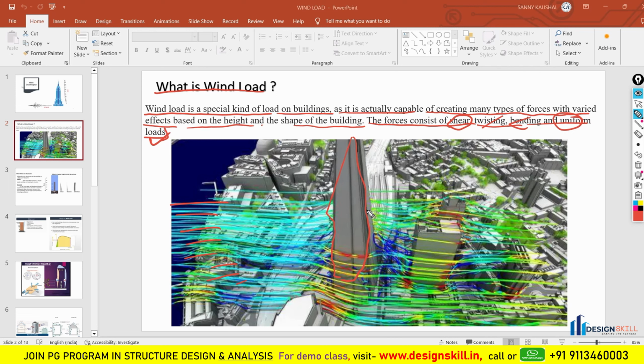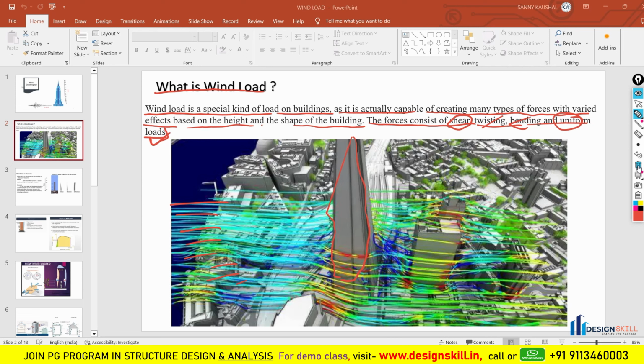So wind load is a type of load acting on the building, depending on the height and shape of the building. I think you are now very clear about what wind load is.